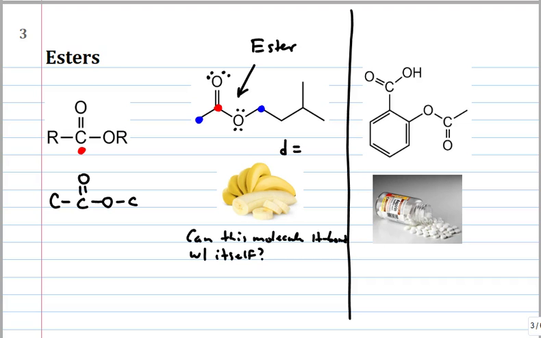The number of donors in this ester, this banana ester, is 0. Acceptors happen to be 4. Again, I've been begging you, when you see a molecule and I'm asking you questions about it, to put in your lone pairs right away. I think that's the best way to go. So as we look up here, can this molecule H bond with itself? That's a big no. There's no donors. So if you had 2 of those molecules, it could not hydrogen bond with itself.